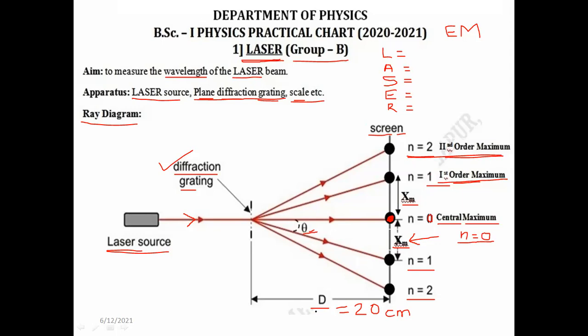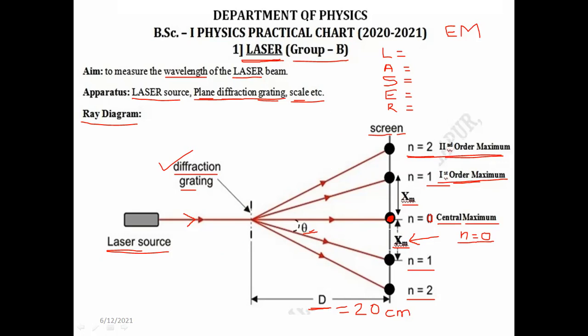After that you have to vary this D, and because of the variation in D you will observe a variation in this distance Xm. So this is the experiment and this is the ray diagram regarding the laser experiment.